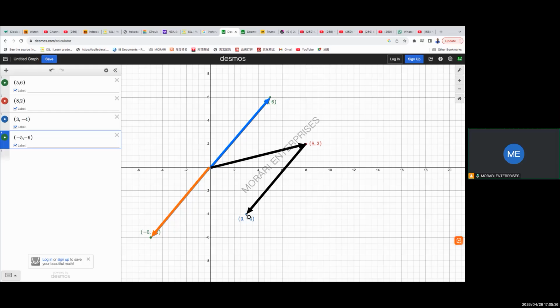You add both of them, it gives 0. For example, a vector plus its opposite is 0. P plus negative P is 0, even though both of them have good magnitude. Because you add a negative P at the tip of P and then you land back at 0. That is the vision of vector.